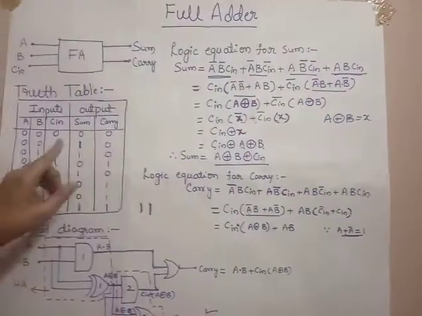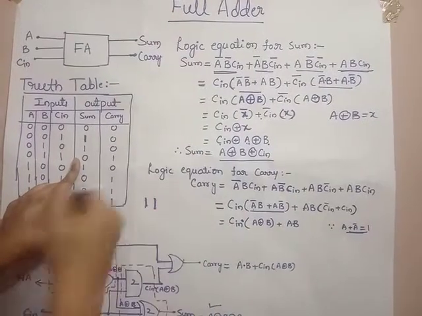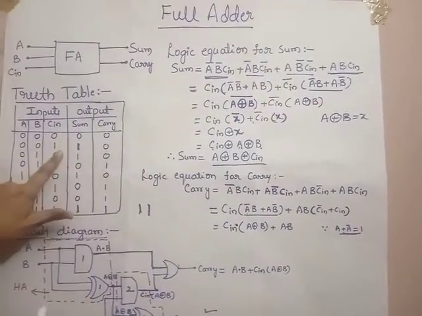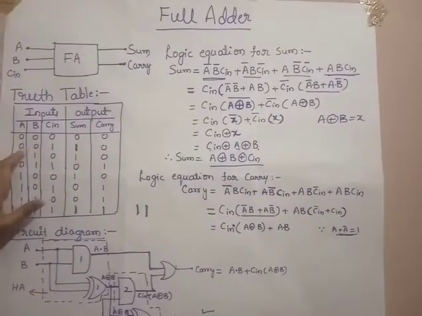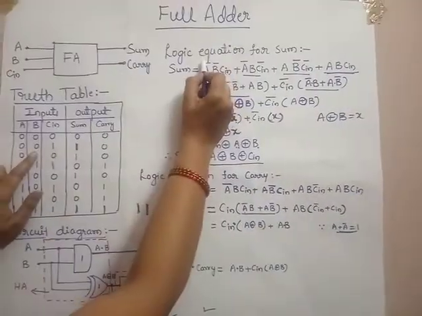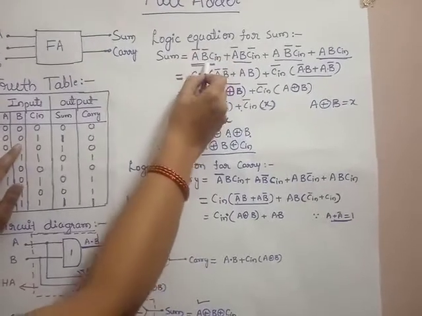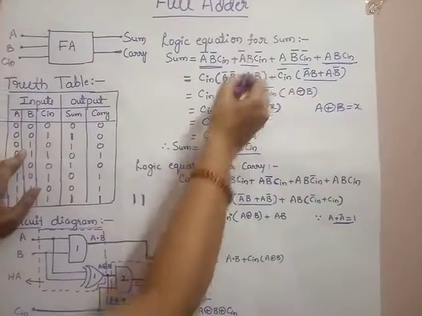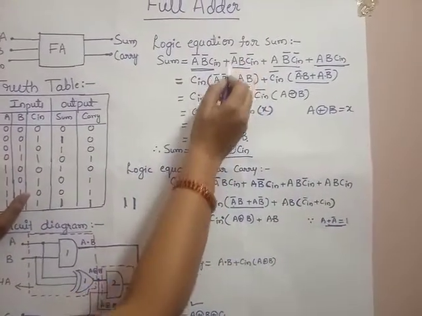After that we will write the complement for the 0 variables. The first one is for 0 0 1, that means A and B are 0 0, so we have to put bar on those two variables. Next one is for 0 1 0, so we have to put bar on A and Cin.